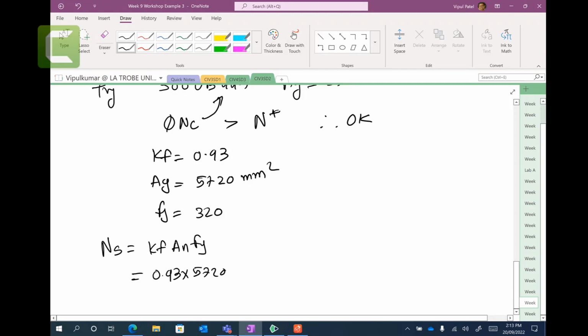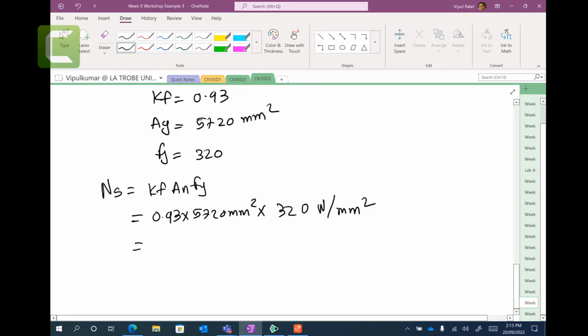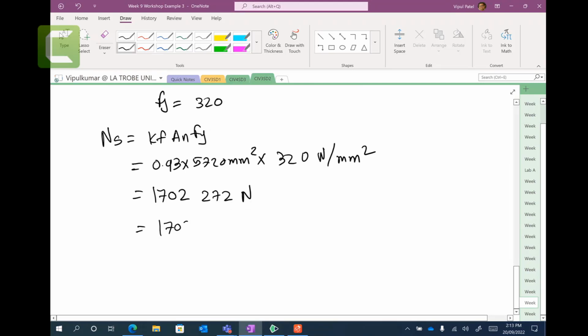Gross area 5720 millimeters square. 320 Newton per millimeter square. So if I use the calculator, you get 1702.272 kilonewtons. Right?